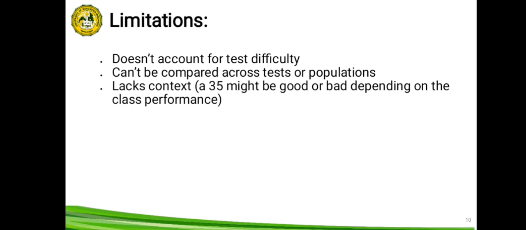So the raw score can be misleading because it doesn't show how hard the test was, and it is not meant for comparing across different groups because it did not undergo statistical manipulation, and it also doesn't tell how the performance of the students differs.